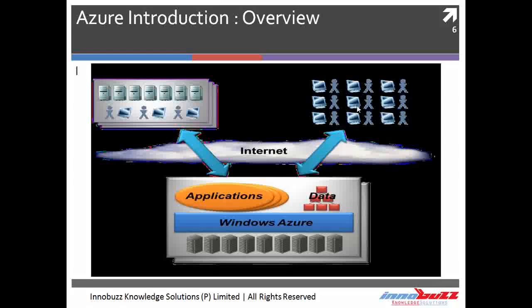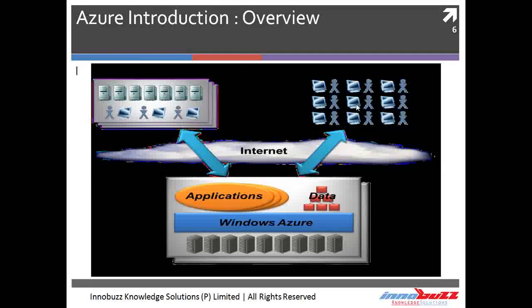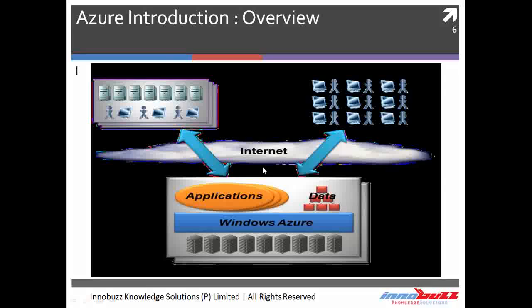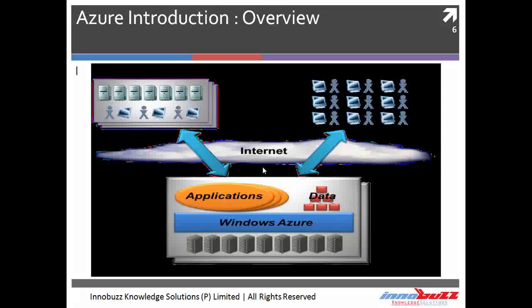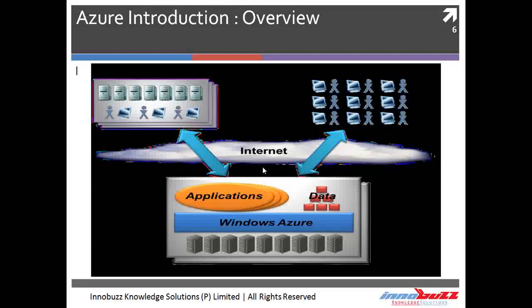Now, what we know already is the goal of Windows Azure, that is what is presented over here. It's a part of the larger Windows Azure platform. Windows Azure is a foundation for running applications and storing data in the cloud. That's how it is illustrated in the figure.